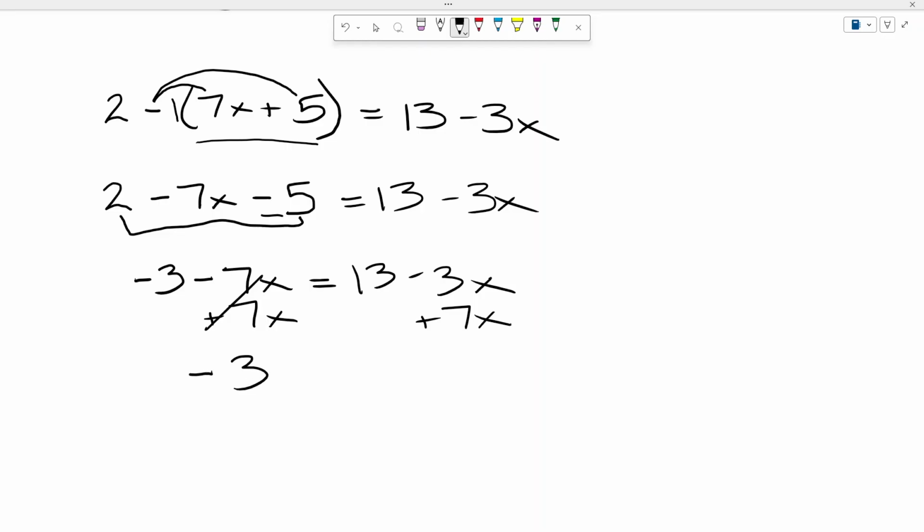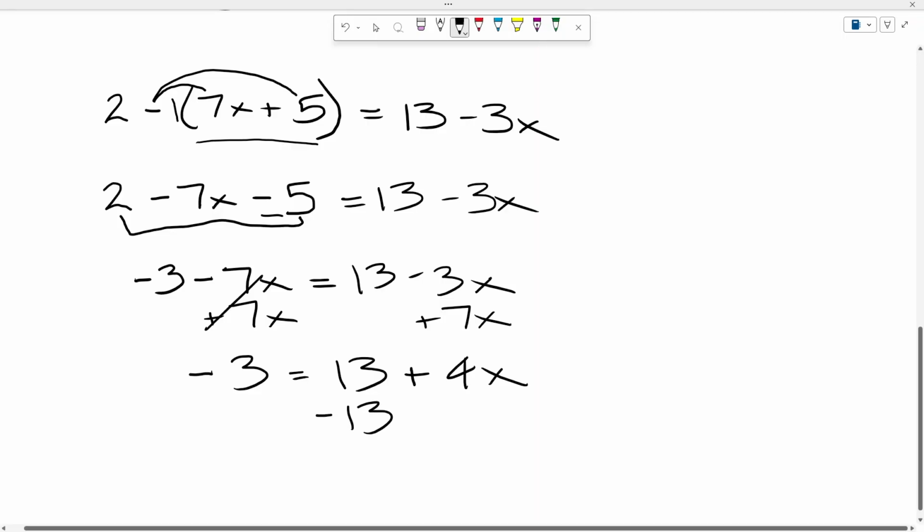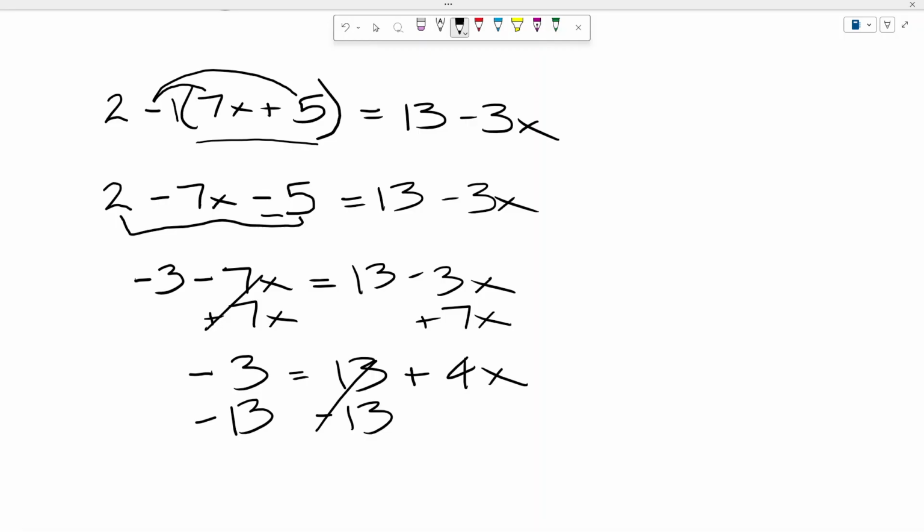That cancels out, so we just have negative 3 equals 13, and now we have negative 3 plus 7, which will get us to a positive 4x, and then subtract 13 from both sides, so this is now gone. So negative 3 minus 13 gets us to negative 16, and that's equal to, all we have left on the right is 4x, okay?